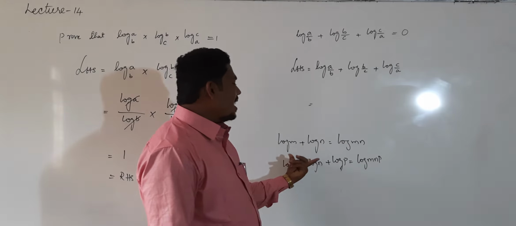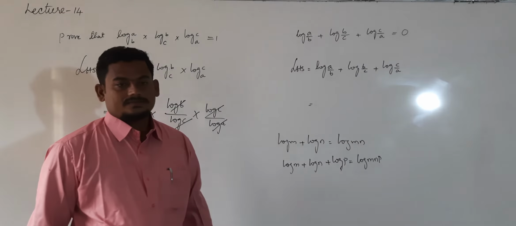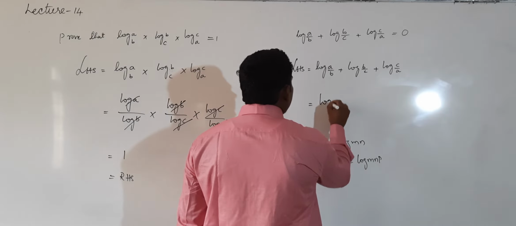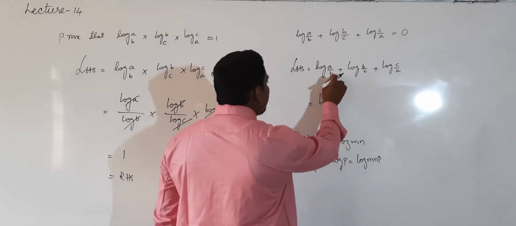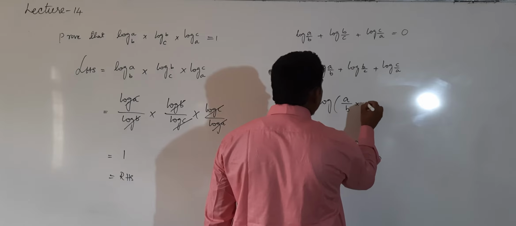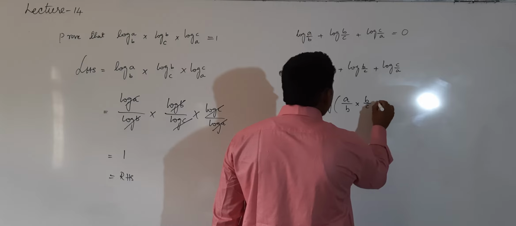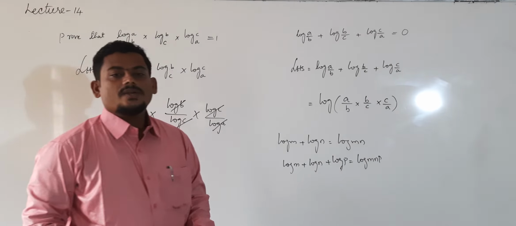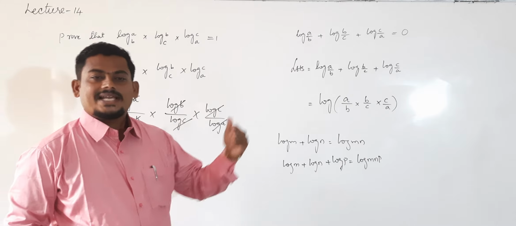I use log m plus log n formula. Log of m into n into p, that is a divided by b into b divided by c into c divided by a. You can use log m by n formula also. Then also same answer.